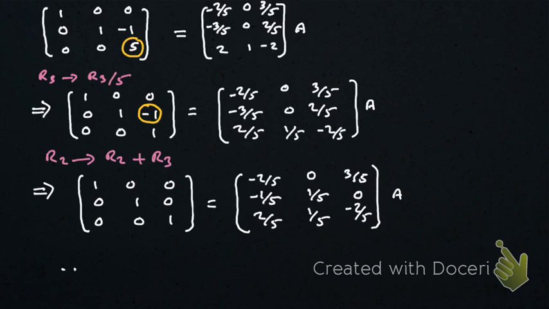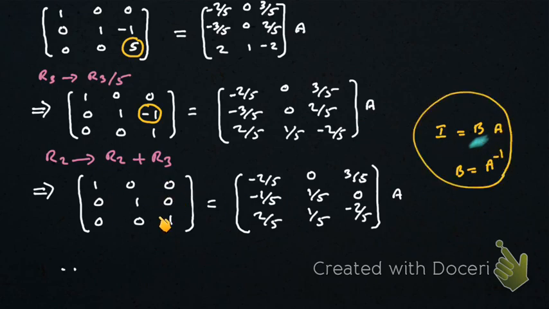So at this stage, what I am seeing is that I can see I on the left side, and on the right side some matrix B into A. It's like this. I is equal to B into A. So this is the identity matrix. Identity matrix I is equal to some matrix B into A. If the product of two matrices is I, if B into A is I, then B is the inverse of A. That's why the product is I. So I will say therefore B is my A inverse.